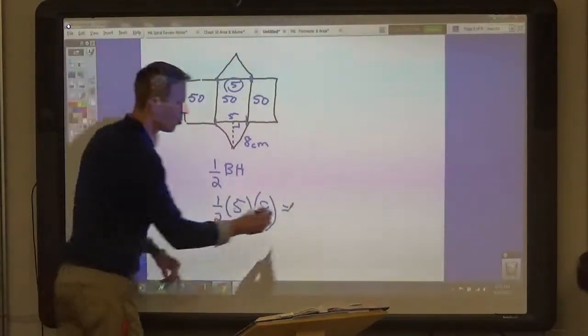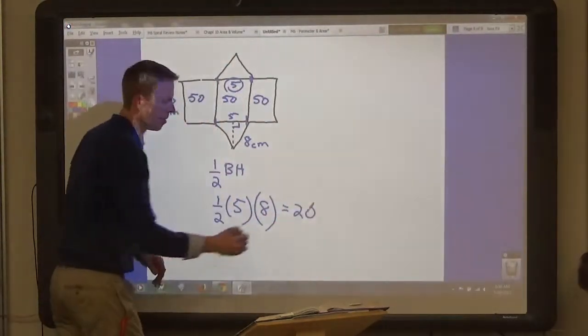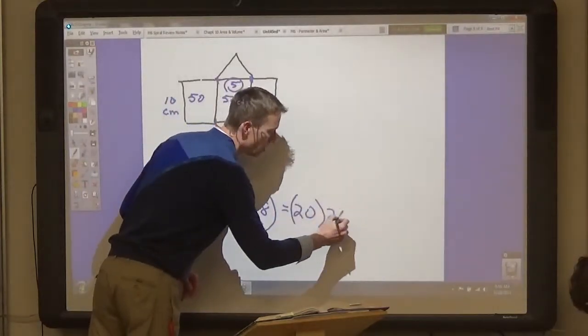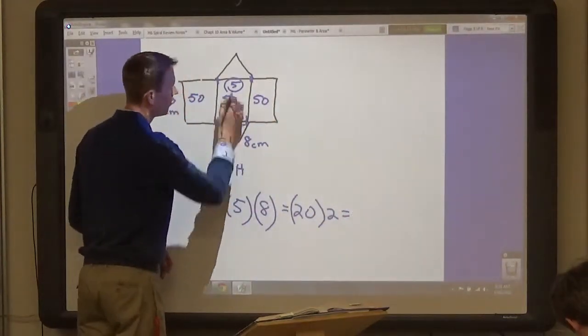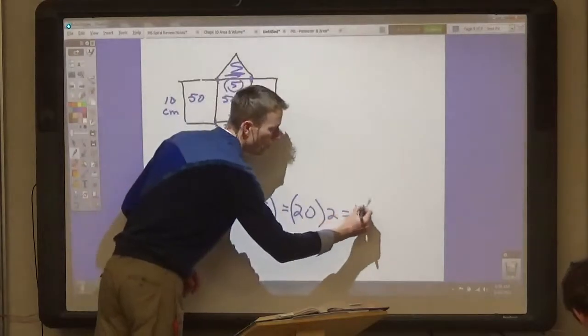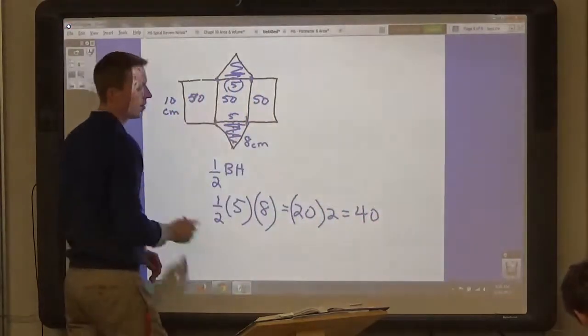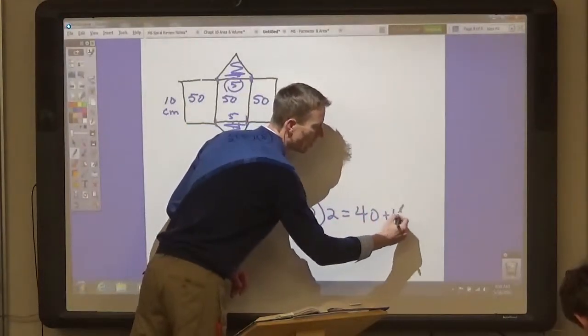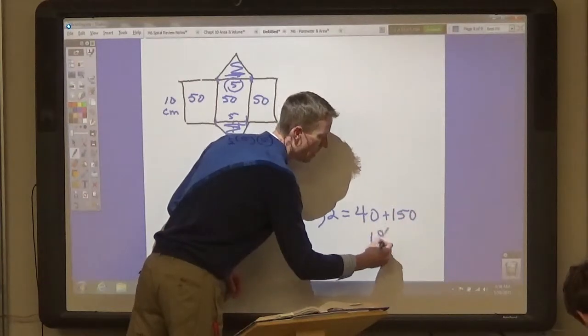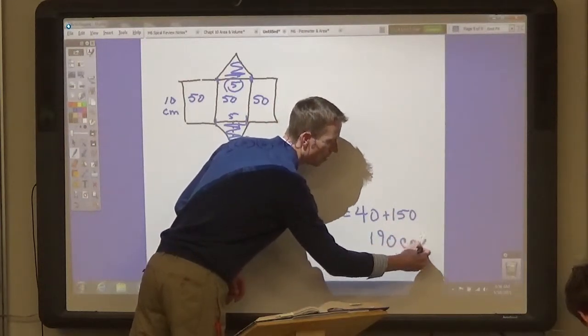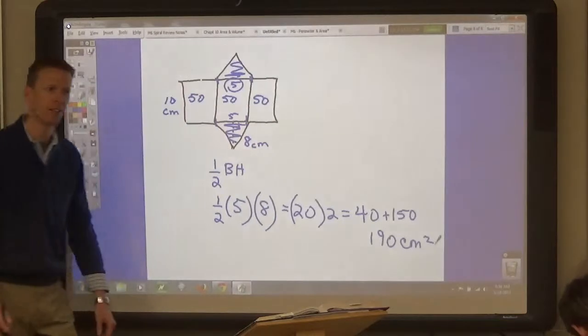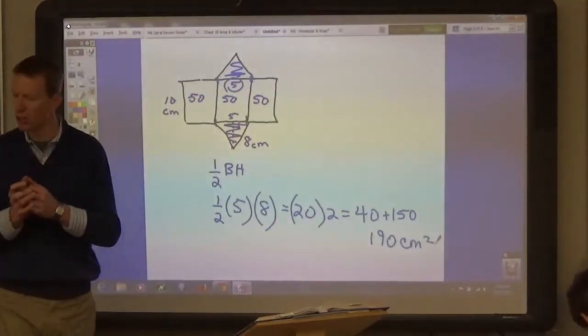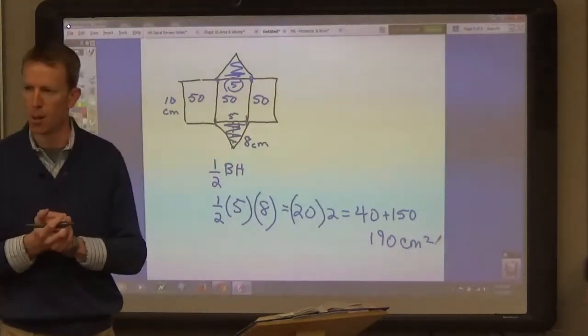So this is 20, isn't it? Times 2 for both triangles is 40 plus 150 is 190 centimeters squared. Okay? Again, you know how to do all of this. You just got to put it all together.